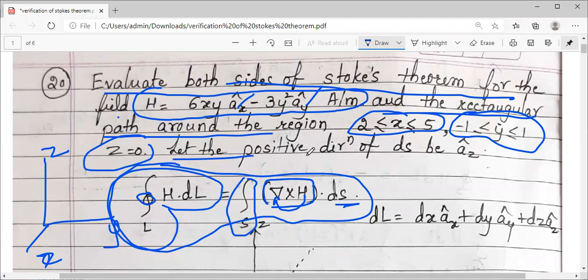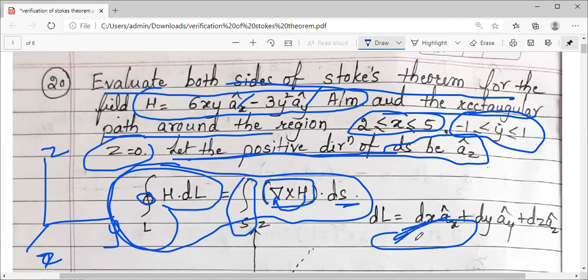So let the positive direction of ds be AZ. What is this given? Let the positive direction of ds. Suppose you have a surface, any random surface. What will be the surface vector? Always it will be perpendicular to the surface. If I consider a surface like this, the vector is in this direction, always perpendicular.